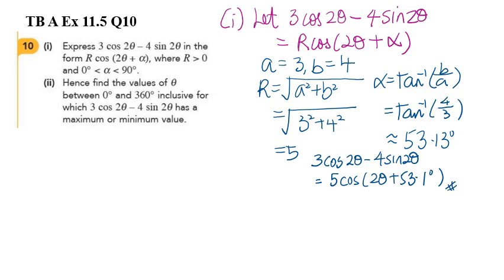Then for part 2, we're supposed to find the values of theta that give this function a maximum value and a minimum value. So let's do the maximum value first.